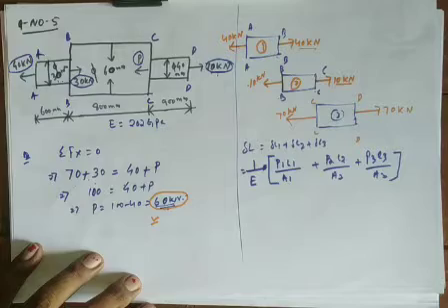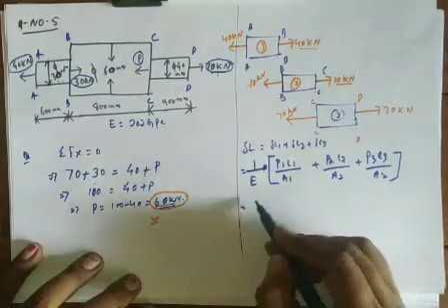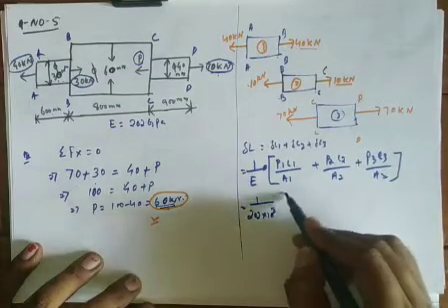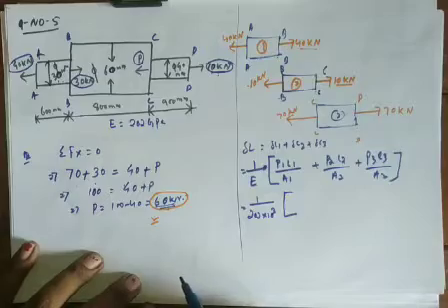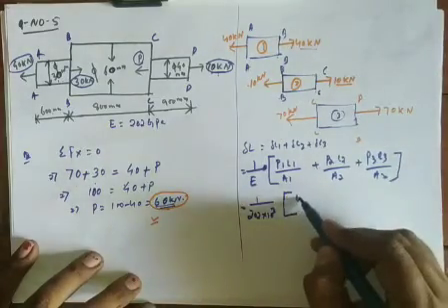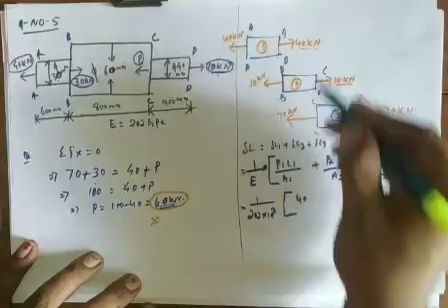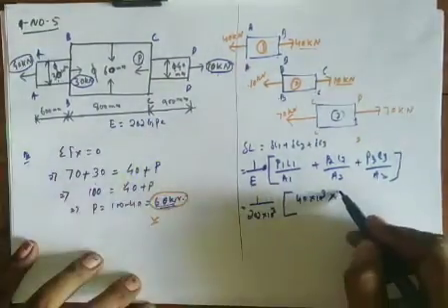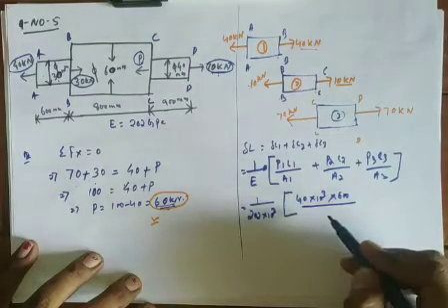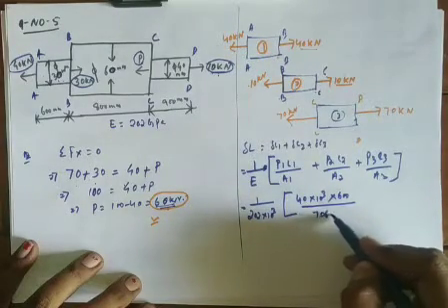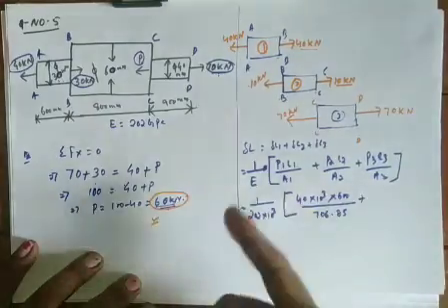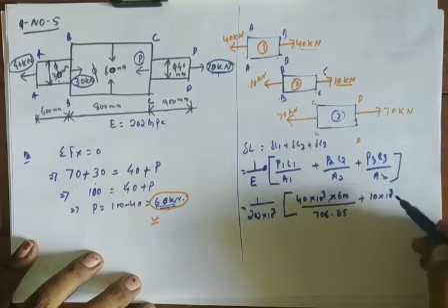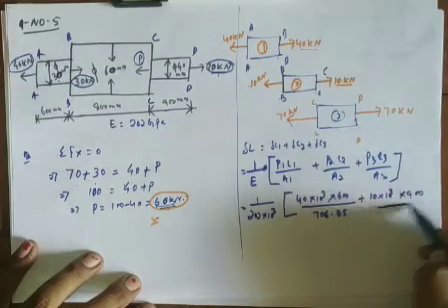Now if we put the values, we get 1 by E, which is 202 into 10 to the power 3 megapascal, and P1 is 40 kilonewton, 40 into 10 to the power 3, into L1 which is 600, divided by A1 which is 706.85, plus 10 into 10 to the power 3, and L2 is 800.